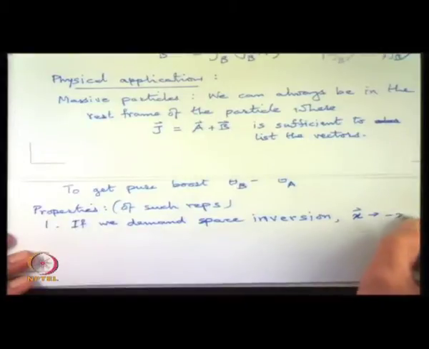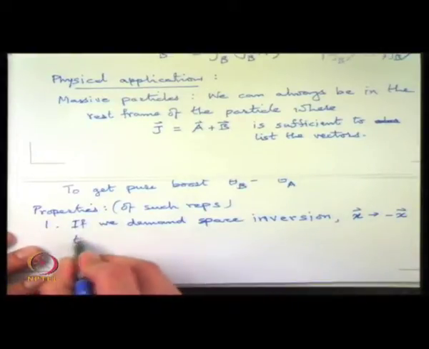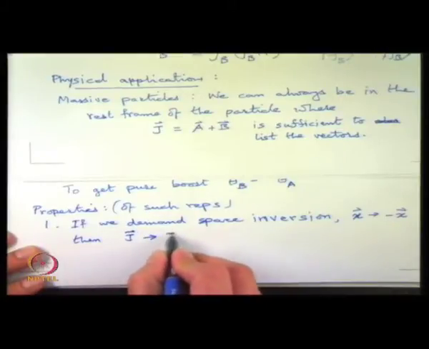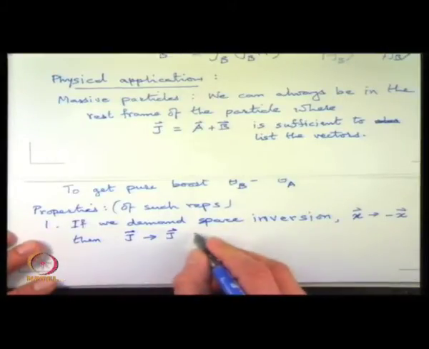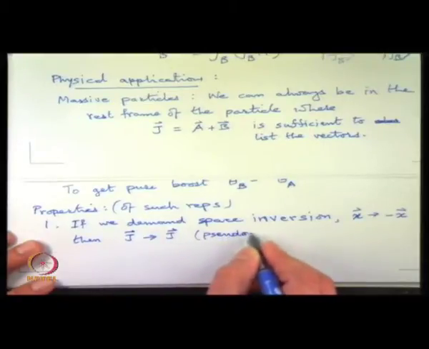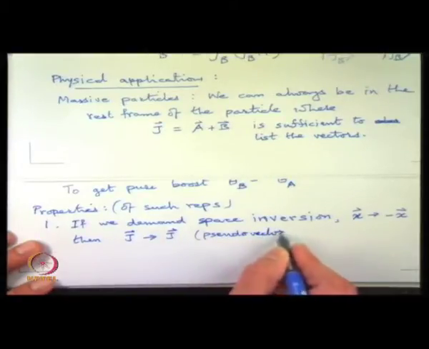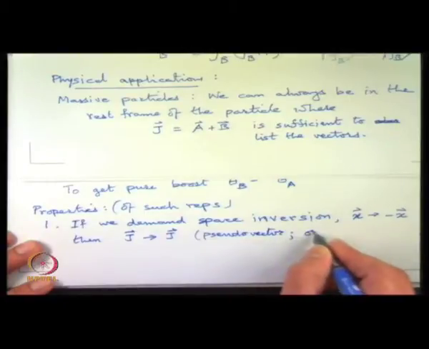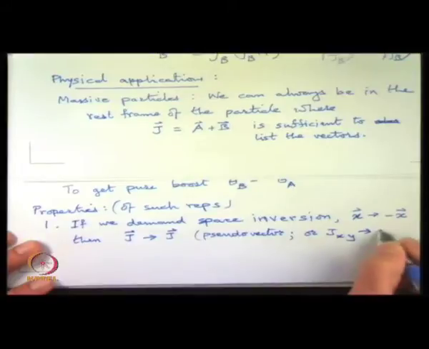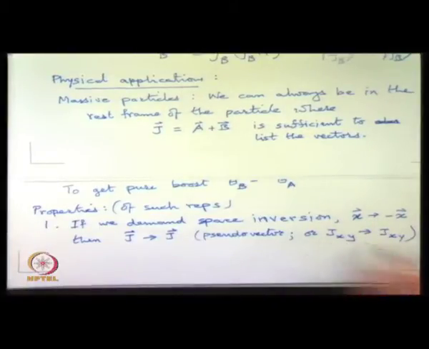So space inversion means that x goes to minus x. Then J goes to J, because it's called a pseudo vector. Note that Jxy will remain Jxy under both x and y changing signs.